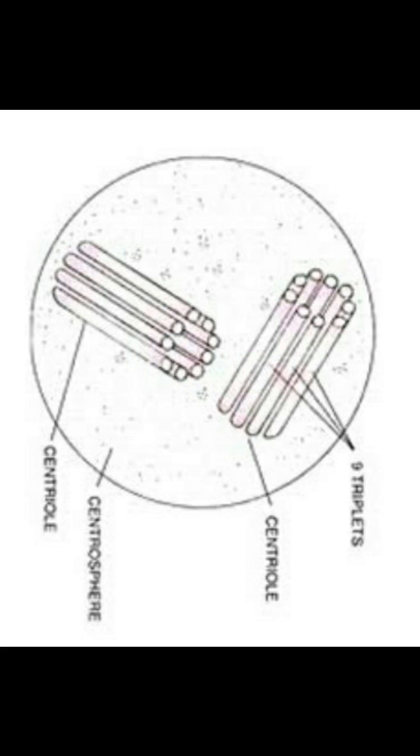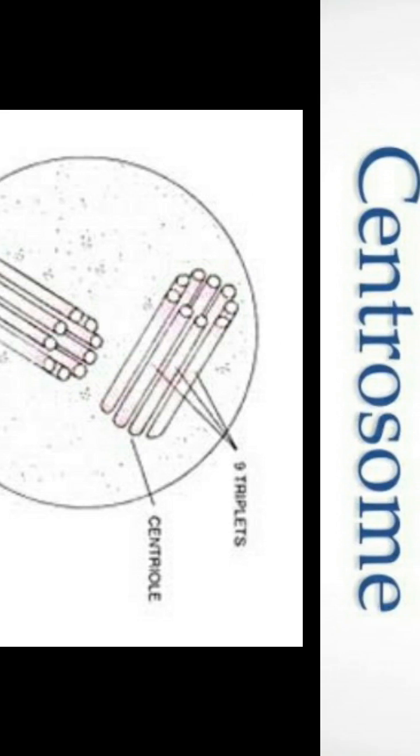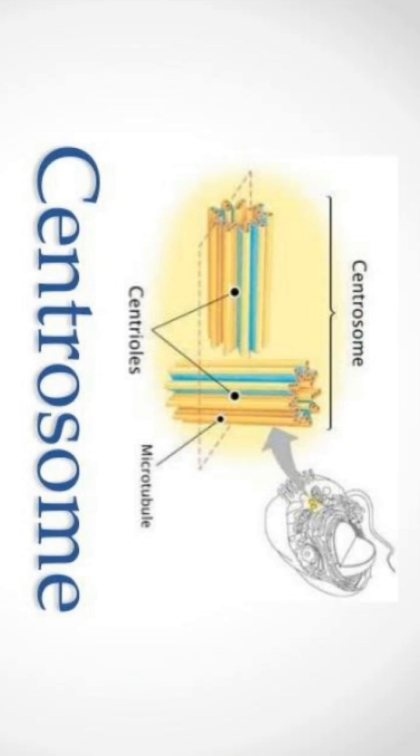They are surrounded by amorphous pericentriolar material. It means a colorless or shapeless material can be seen on the surface of both the centrioles. That's the specific characteristic of the centrioles. Both the centrioles in a centrosome lie perpendicular to each other, meaning a 90 degree angle can be seen.